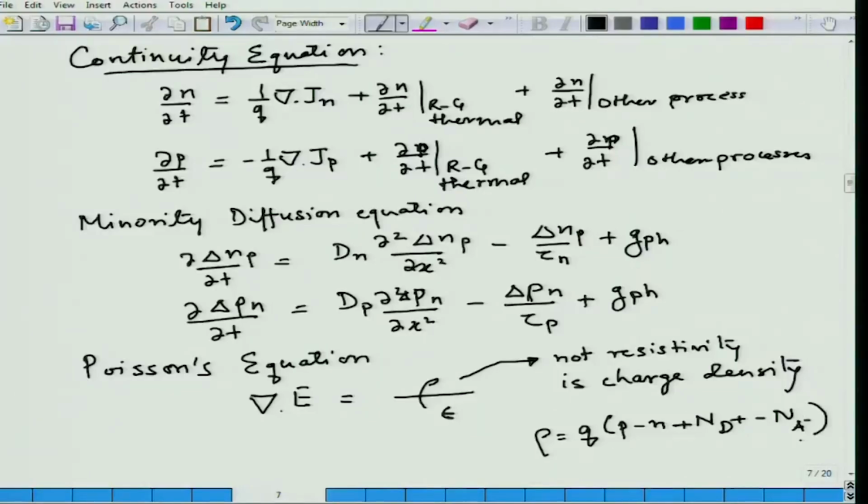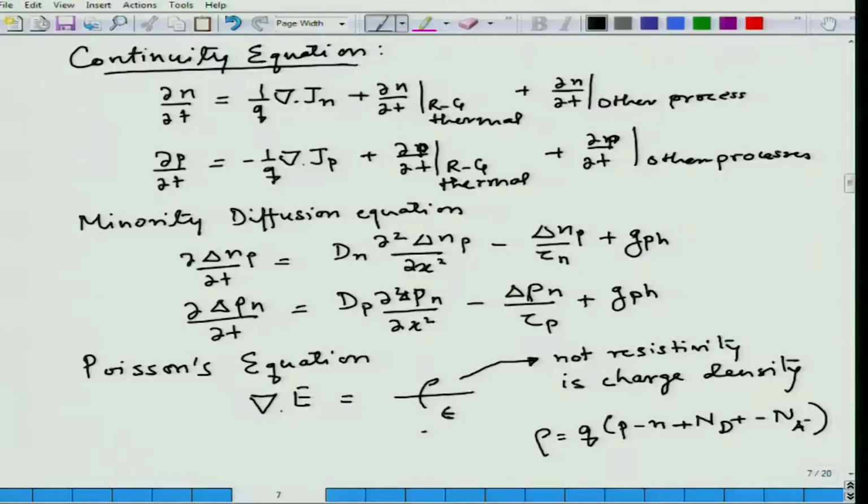So, this is the charge in the semiconductor which we need to feed in this equation to calculate E, and then this electric field is used in this continuity equation to get the value of n. Once again, once you get the value of n, you have to again calculate E, and finally the solution will converge to a value, and that would be your final solution. So, we use the Poisson equation in order to solve this.